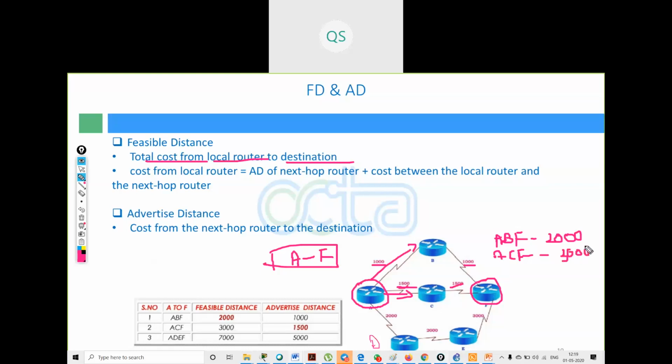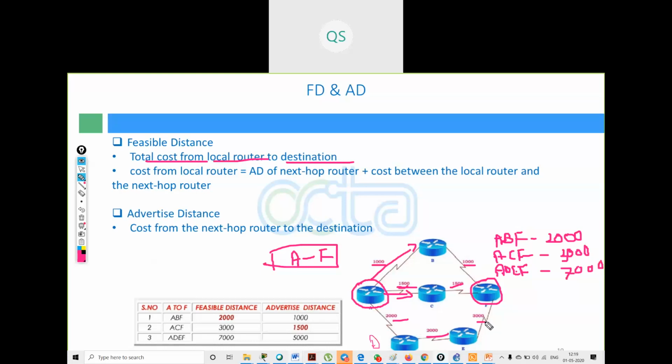And I have one more path, ADEF. What is my FD value for ADEF? Guys, what is my FD value for ADEF? 7,000. Correct. So 2,000, 3,000 and 7,000.